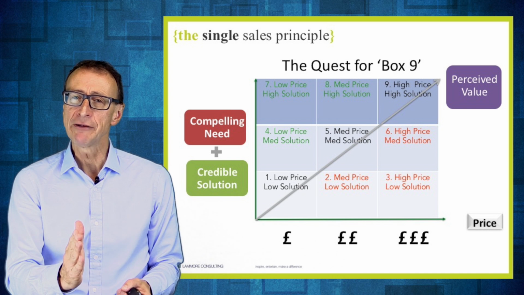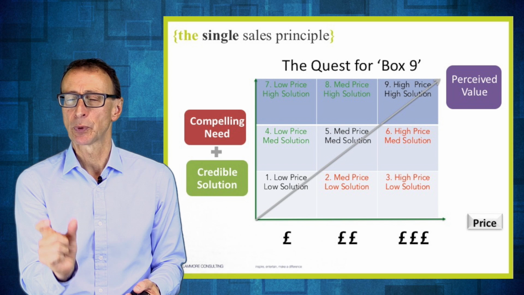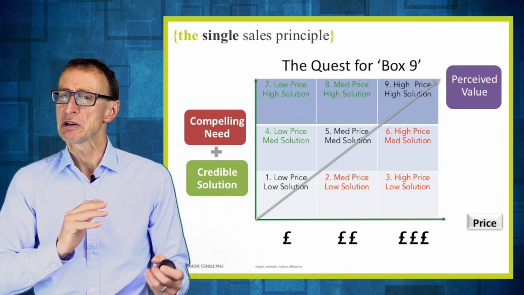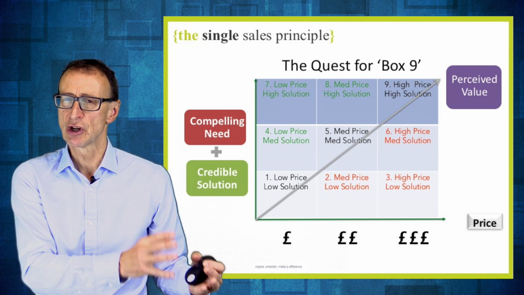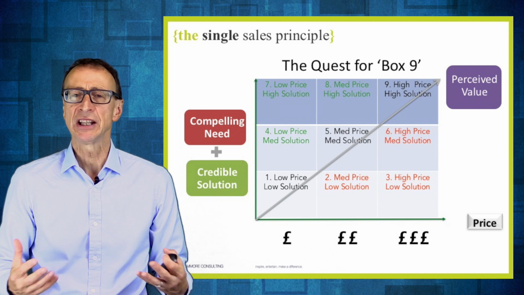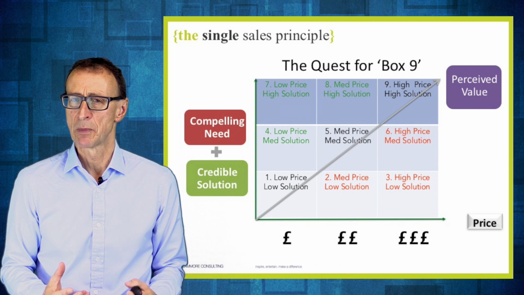Box 5 is where it's a medium price. It may be something that we are paying, not top dollar for, but it's certainly not cheap as chips. And the kind of value that we get, we think it's fair for that sort of money.